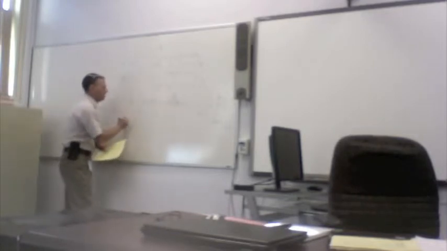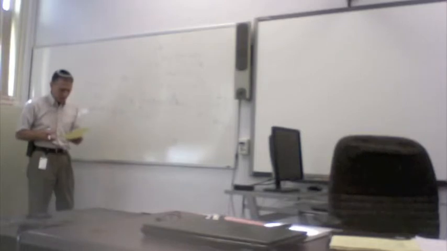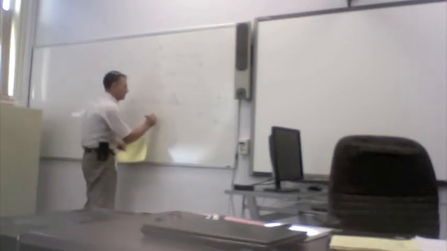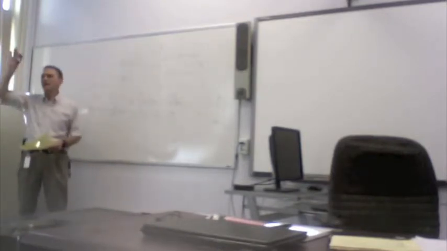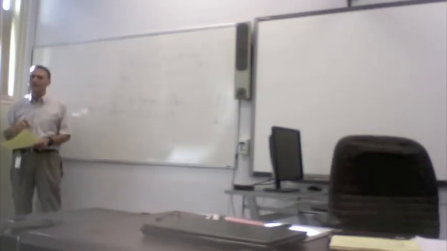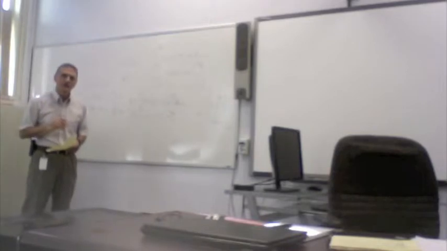Here's our example, a really easy example. f of x is x squared on the interval 1 to 4. So we're looking at that picture. What's the diagram of? Opens up, turning point is at the origin.